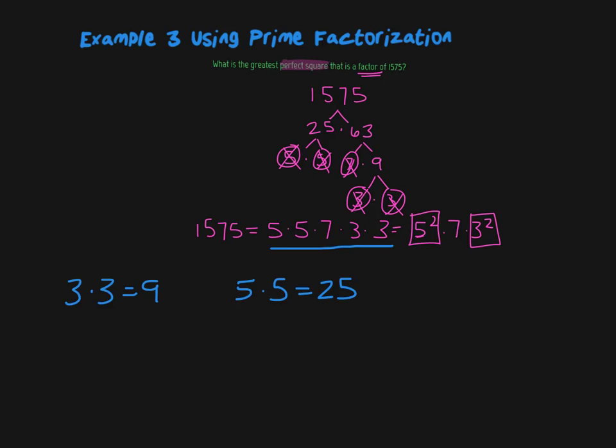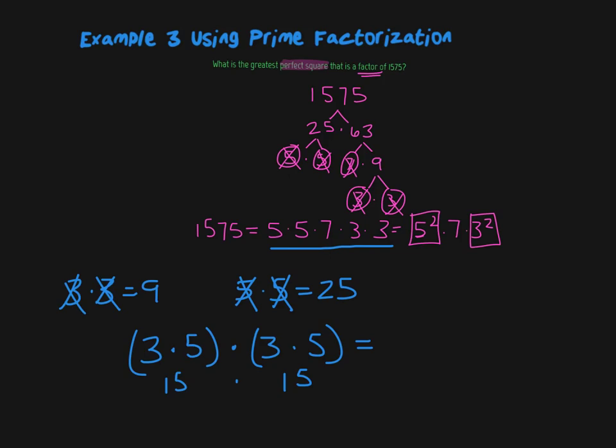So what you need to do is, let's follow with me, 3 times 5, that's what I'm using, times the other side of that perfect square, 3 times 5, which ends up equaling, 3 times 5 is 15, 3 times 5 is 15. 15 times 15 ends up equaling 225.